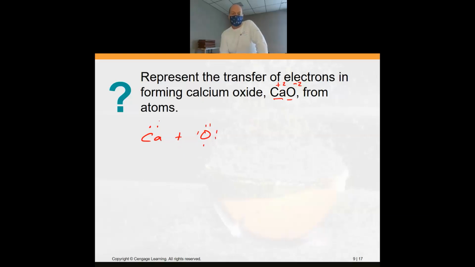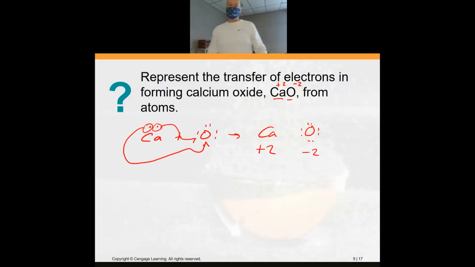So what's going to happen is this electron is going to pair up with this one, and this electron is going to pair up with this one, and you're going to end up with calcium that has no electrons, which is a +2, and an oxygen that has taken the 2 electrons from the calcium, and it is a -2. All right, so this is a transfer of electrons.